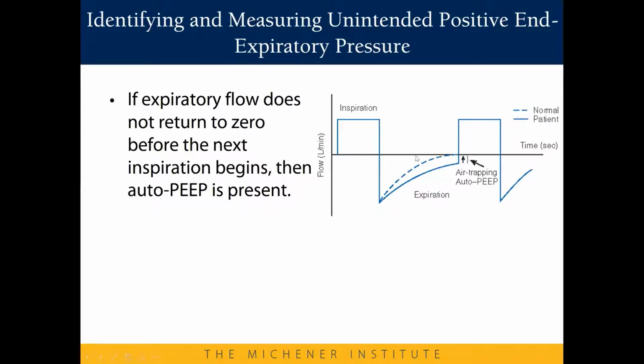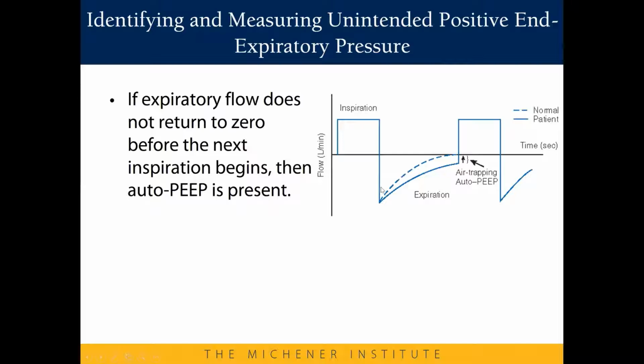That's the easiest way to address gas trapping or air trapping, because it will give the patient more time to exhale before our next breath is given. And that's because our inspiratory time is usually sort of a constant in a controlled mode, and our expiratory time is based on our total cycle time.